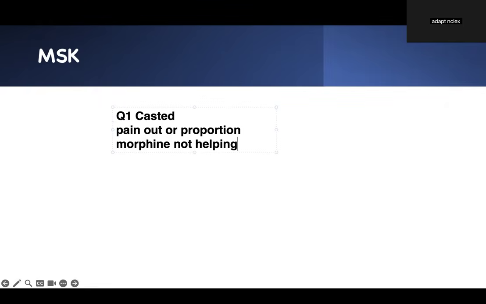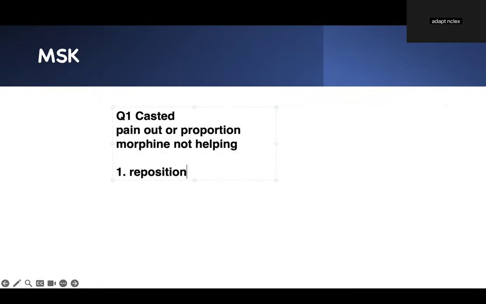So let's recap. We have a question. This is to recap what we've done. A nurse is caring for a client that is casted, so a casted leg, who is reporting pain out of proportion to what you should expect. Morphine is not helping. What would you do if you have an option?